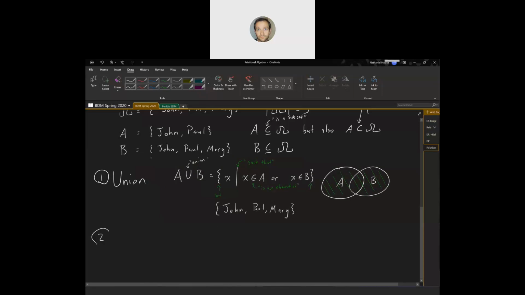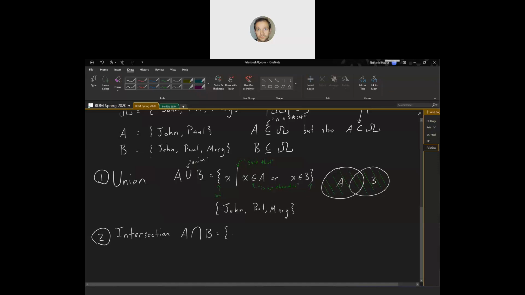Okay, after the union, we have the intersection. This is written with this sort of cap symbol.